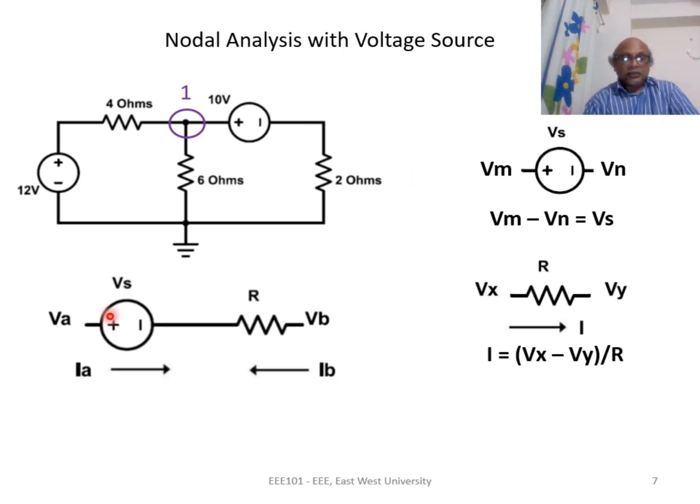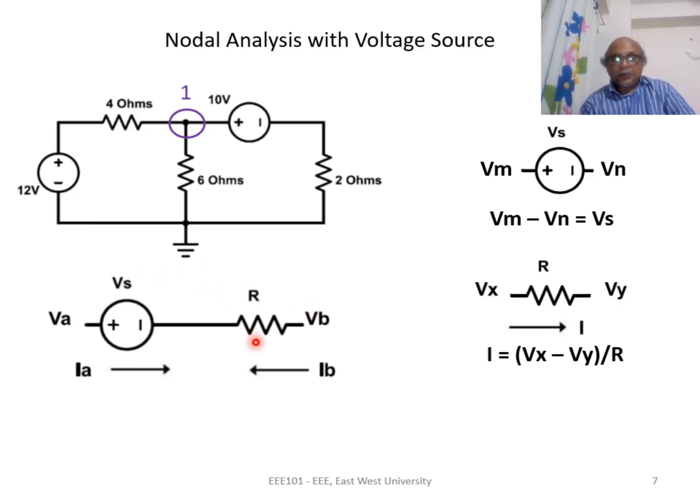We have a voltage source Vs connected in series with resistance R between a node with voltage Va and another node with voltage Vb. Our objective is to find out the current Ia in terms of Va, Vb, Vs and R.